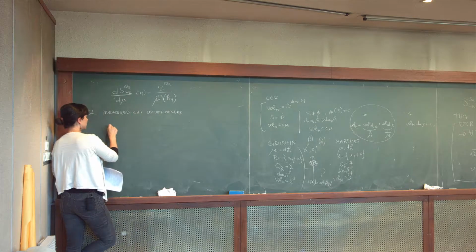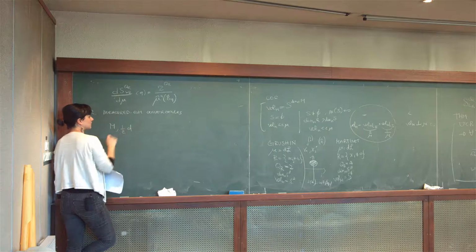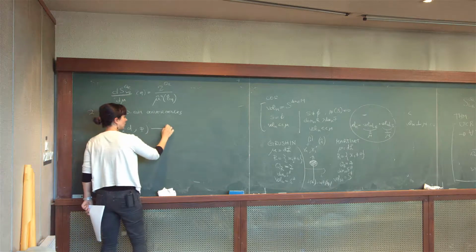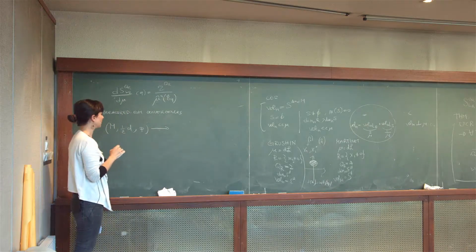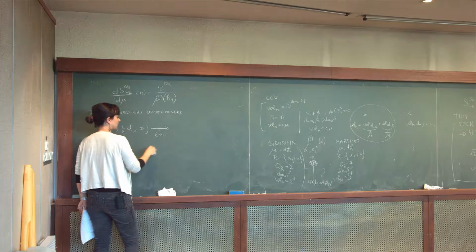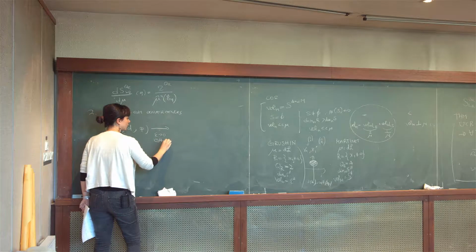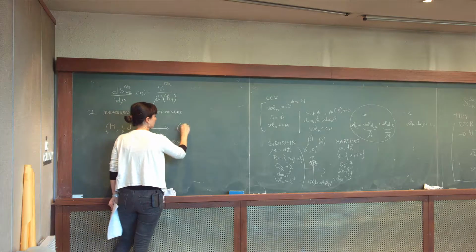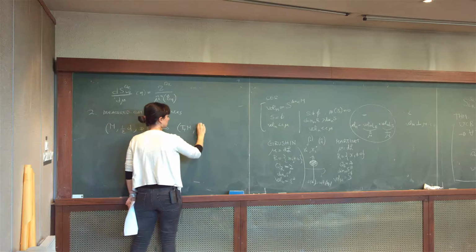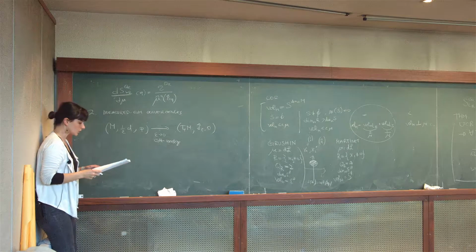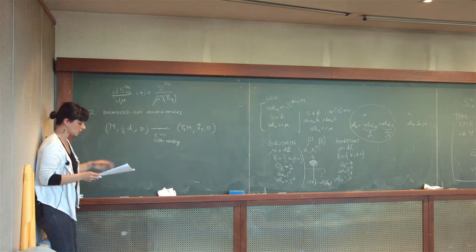So if I take the sequence of pointed metric spaces M with 1 over epsilon times the sub-Riemannian distance and any point P, we know by the theorem by Bellaïche that as epsilon goes to 0, this sequence of pointed metric spaces Gromov-Hausdorff converges to the nilpotent approximation on the tangent space. So this we do know. It holds for every point, whether P is regular or singular.